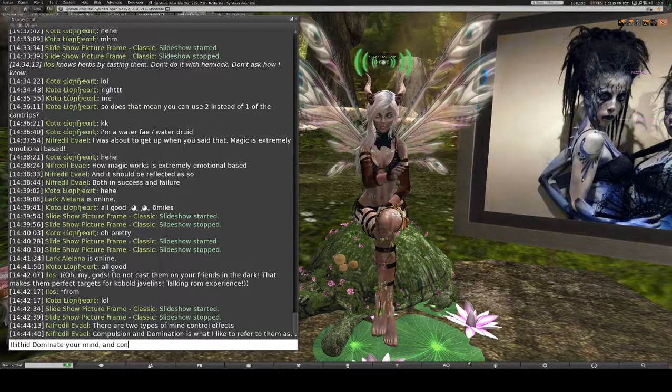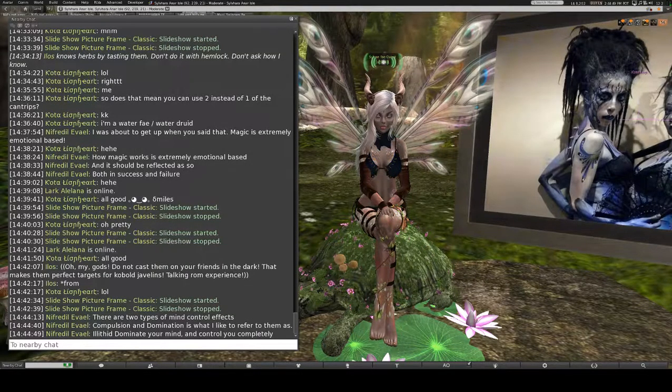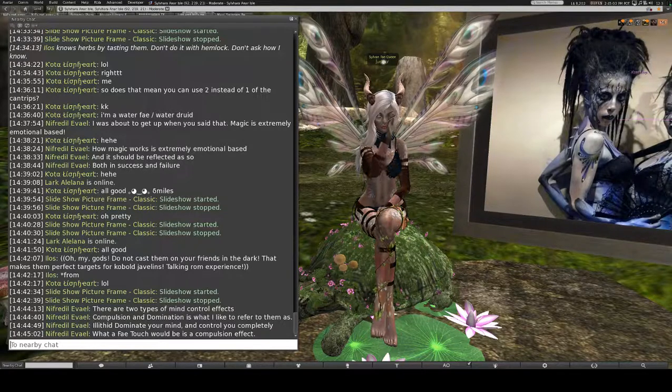Okay. Can you give an example of the differences between those two? Right.